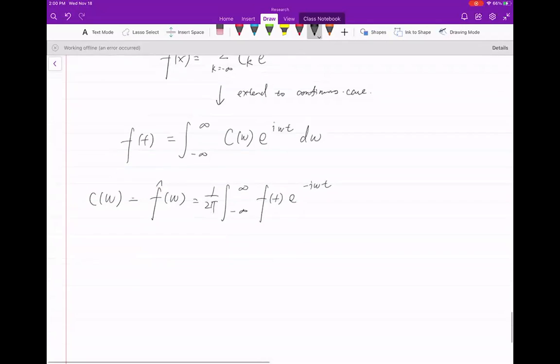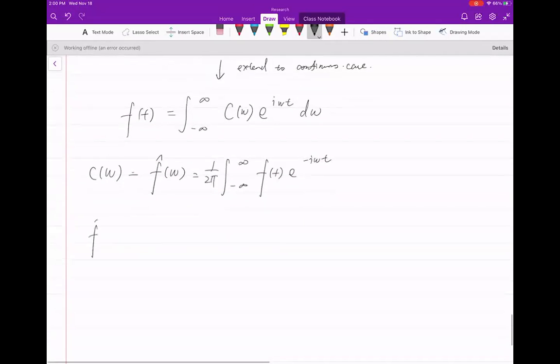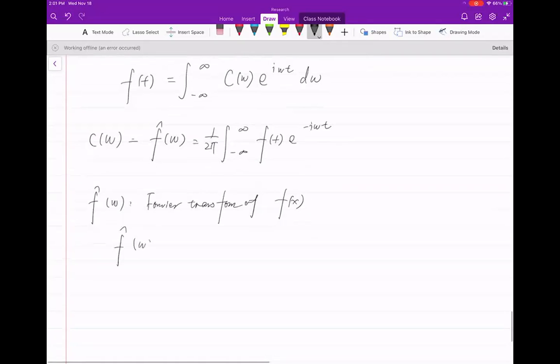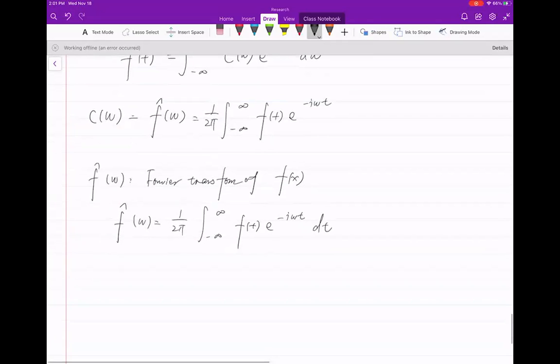So this is called the Fourier transform of f(t). It is given by this formula. So if you know a function, you can know the Fourier transform of that function by plugging in and doing the integral. When you finish, you will receive a function of omega, which is basically the frequency.